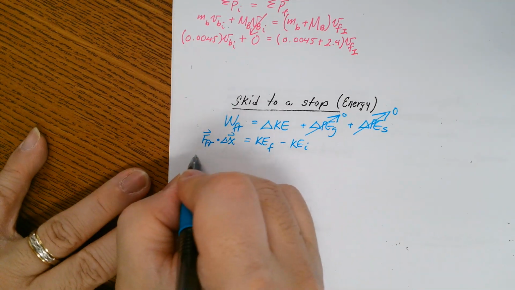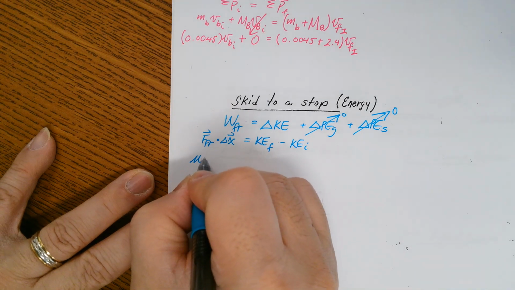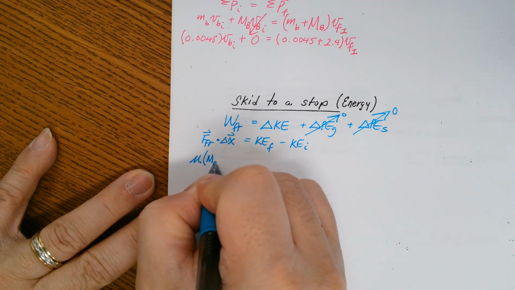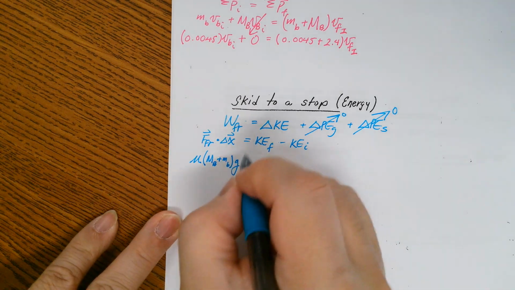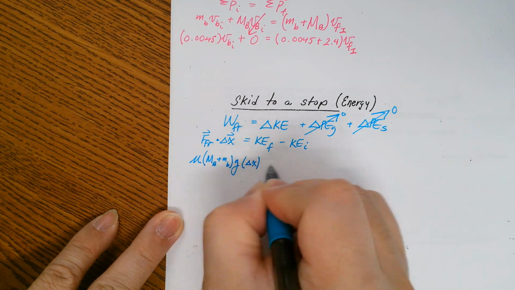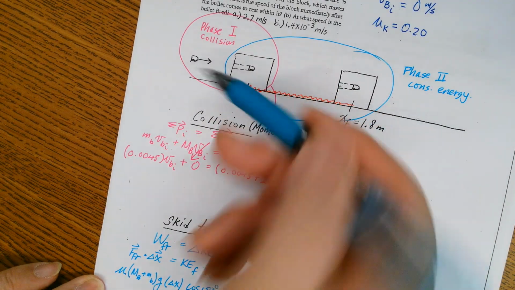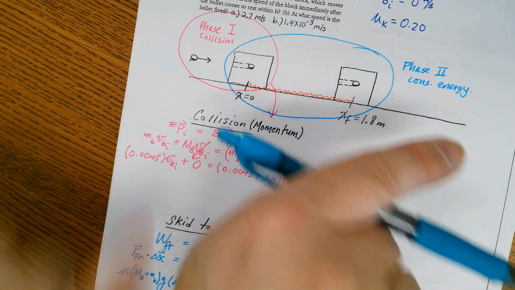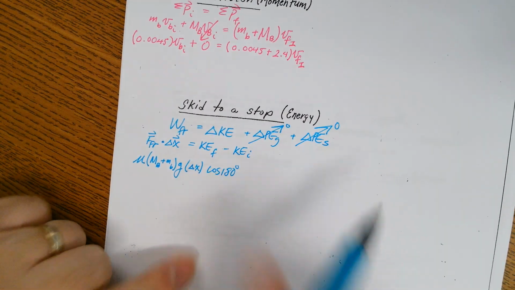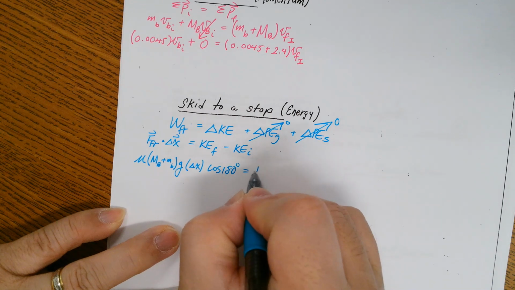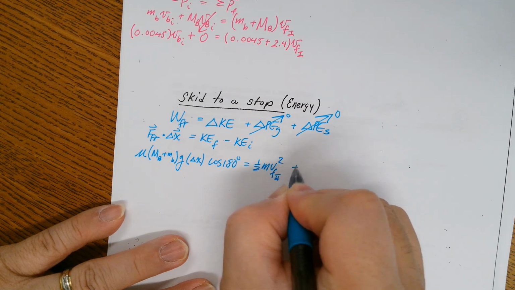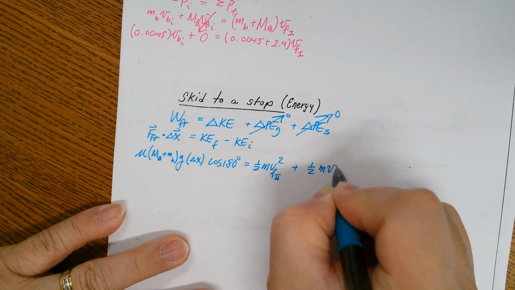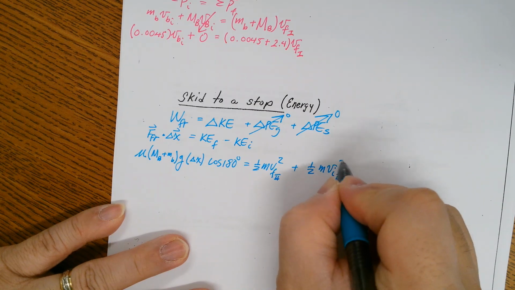We know friction is equal to mu times F normal, which is mu times mb plus mb times g times delta x times cosine of 180, because friction is pointing this way, delta x is pointing that way, so they're opposite of one another, so cosine of 180 is equal to negative 1. That equals 1/2 m v final of phase 2 squared minus 1/2 m v initial of phase 2 squared.